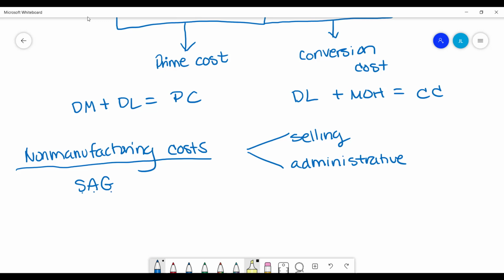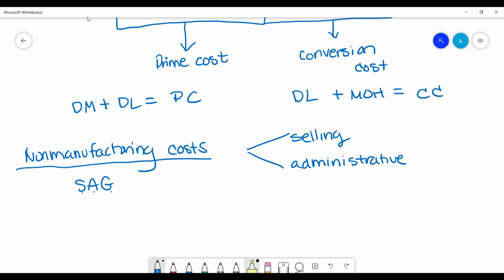So selling costs is basically all the costs that go into securing orders and delivering the product to the customer. These can be direct or indirect as well. And administrative costs are any executive, organizational, and clerical costs that a company incurs, right?